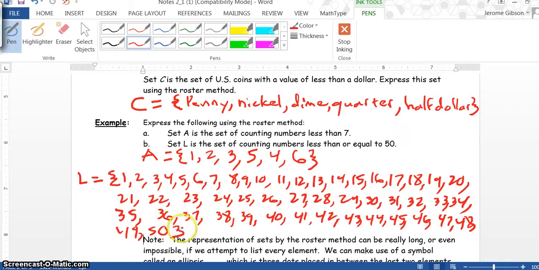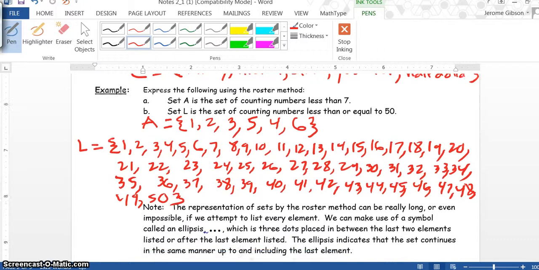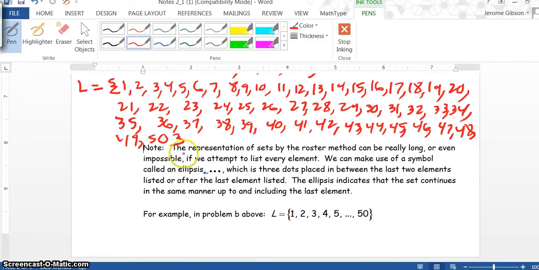All right, now I have all 50. Okay, now it says note, the representation of sets by the roster method can be really long, just like we saw here with this 1 through 50. It says, or even impossible.